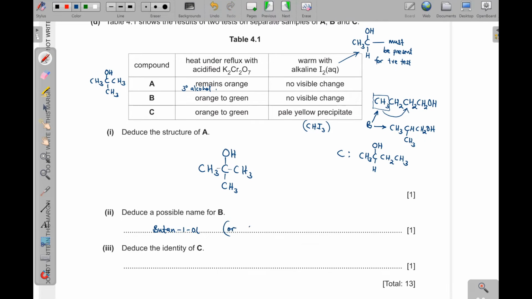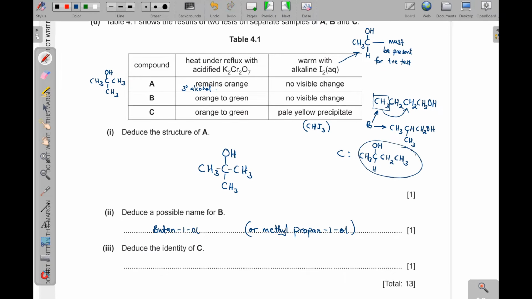Or I can say 2-methylpropan-1-ol. But again, we don't have 1-methyl, because if the methyl group is attached to this one, then that will be butan-2-ol. You see that? So you might find when they haven't written something like this, 2-methyl, and they just write methylpropan-1-ol.